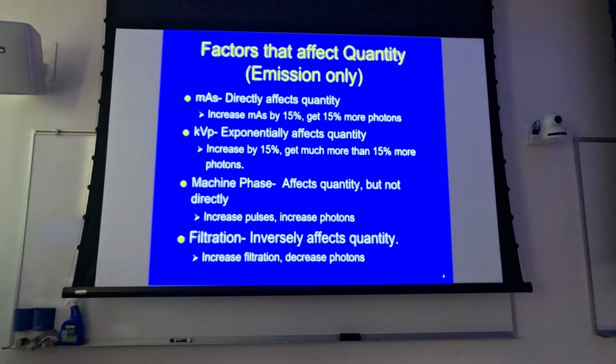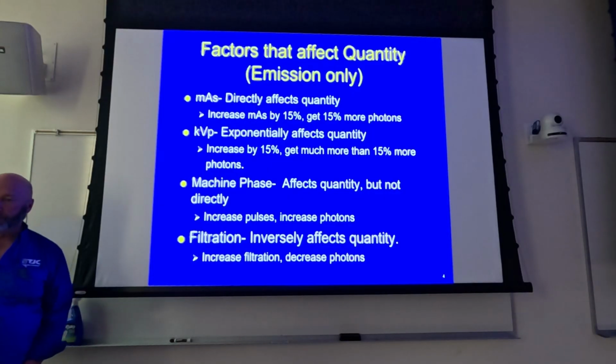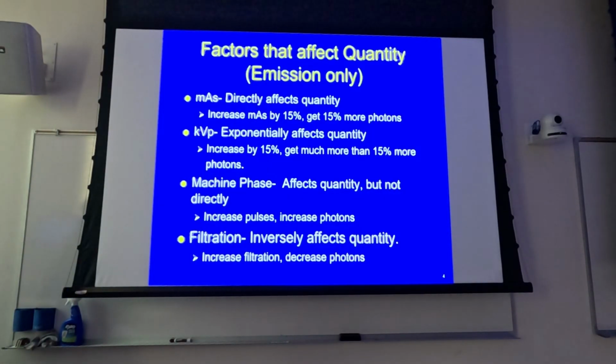So the factors that affect quantity, you know, this is where it gets dicey and it gets a little bit difficult. And after we run through this, I'm going to shut it down and we'll draw it on the board. So the relationship with mass is direct in every way. You increase your mass, you increase the output from the X-ray tube. You double your mass, you double the output from the X-ray tube.